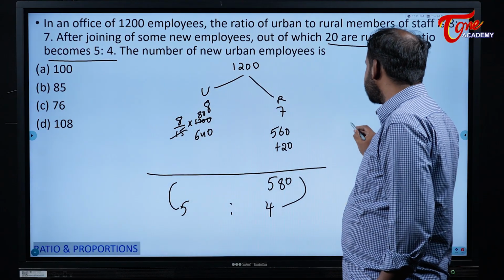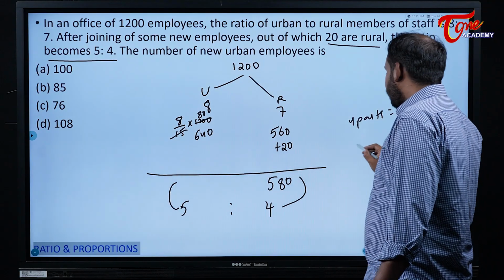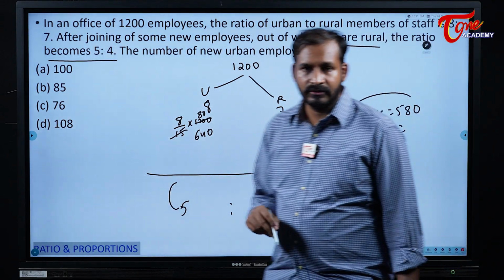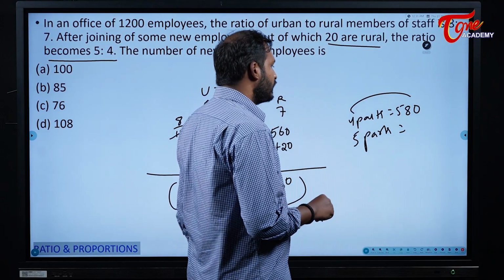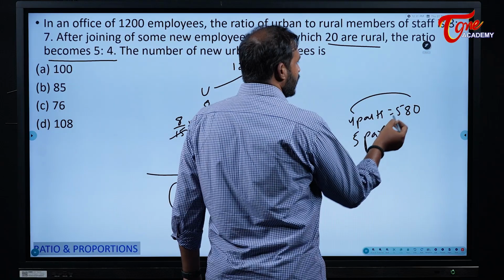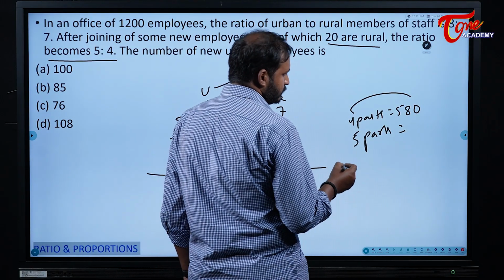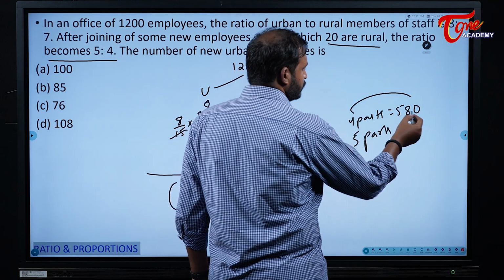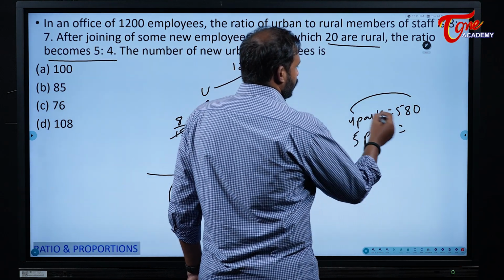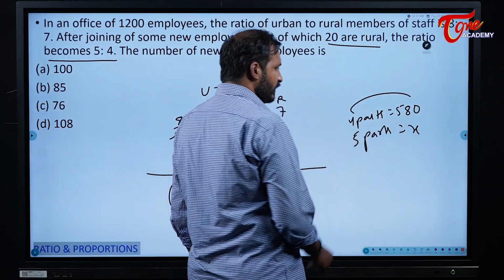Calculate it. 4 parts is 580 for me here. So, 5 parts will become how much? If you observe carefully, 4 into what will you get 580? Consider it as x, whatever it may be. 4x is equal to 5 into 580.